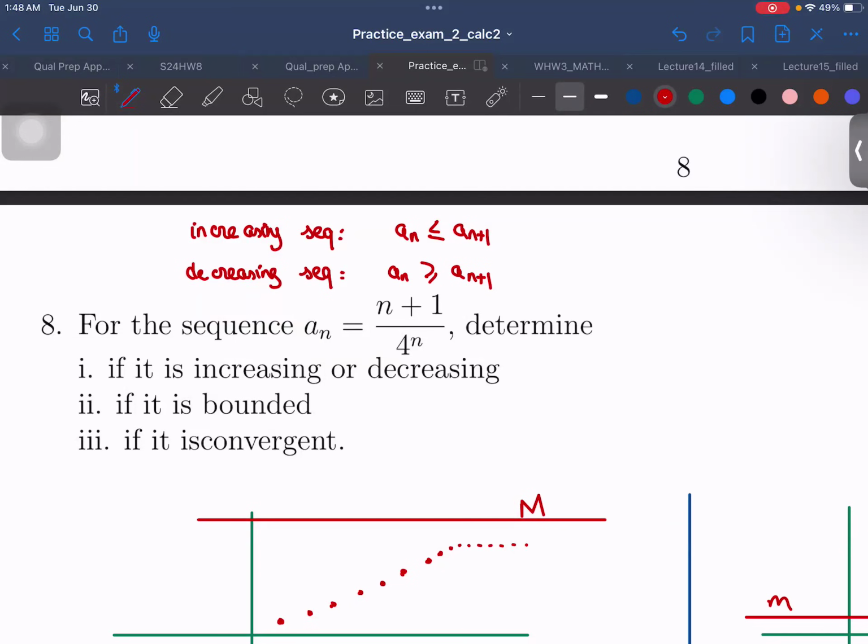So from here, you can have that the quotient between a_{n+1} and a_n will be larger than one. From this one, I divide both sides by a_n.